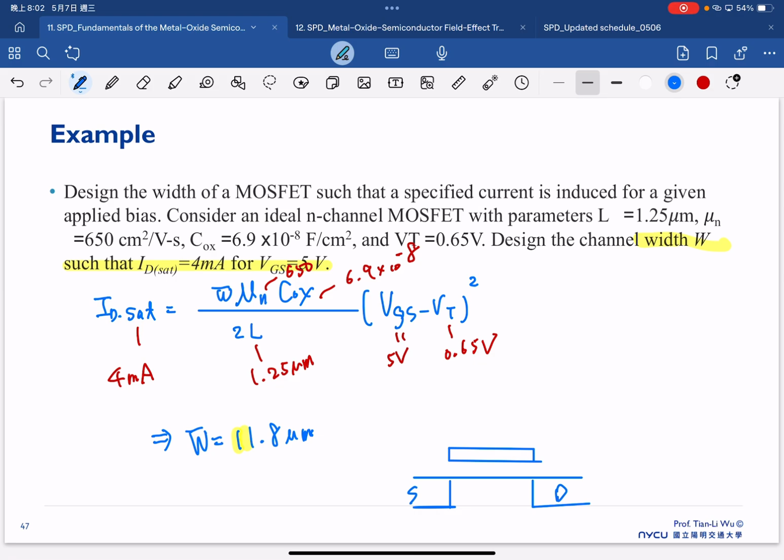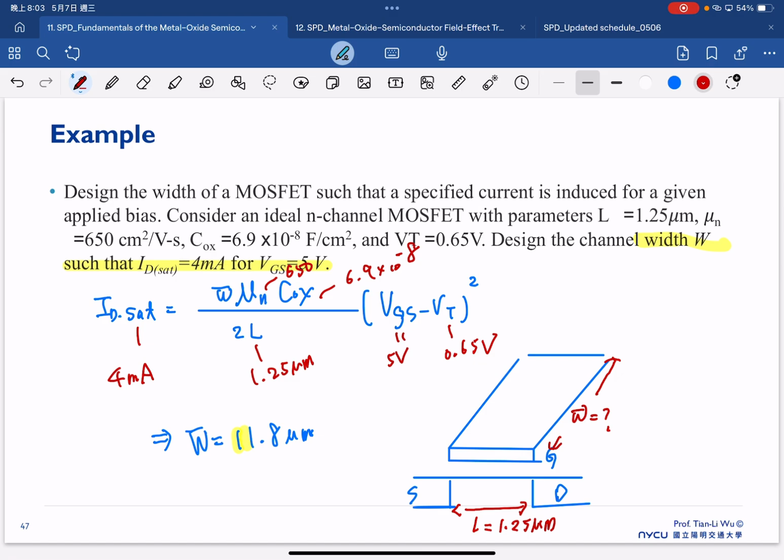But in reality, the transistor is fabricated with a 3D structure where we have the width in this direction. So the calculation here is very simple, but the implication is crucial, because this question is actually asking: with our channel length of 1.25 micrometer, what is exactly the width we need to design for our transistor?